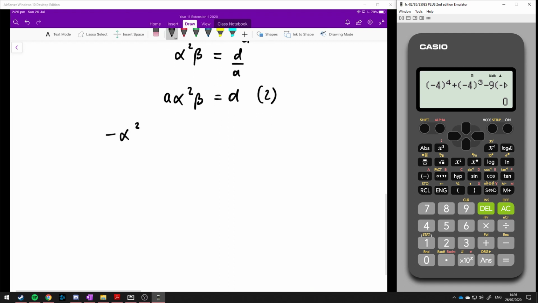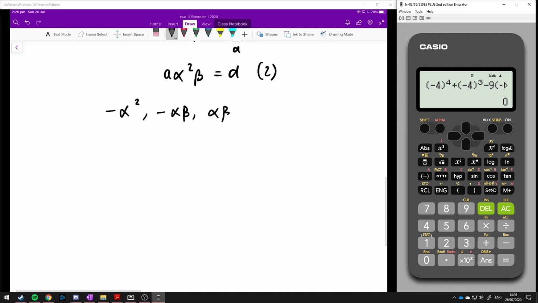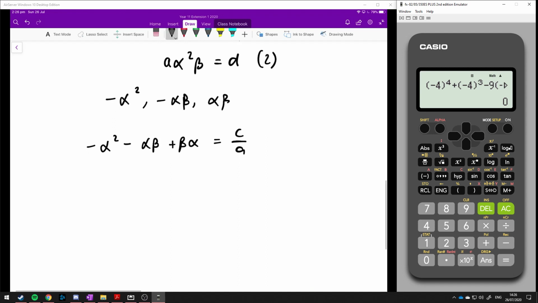So we can do minus alpha squared, minus alpha beta, and we can do alpha beta, okay? And so using that rule, we get minus alpha squared minus alpha beta plus beta alpha, I guess if you will, over a, which is equal to c over a.